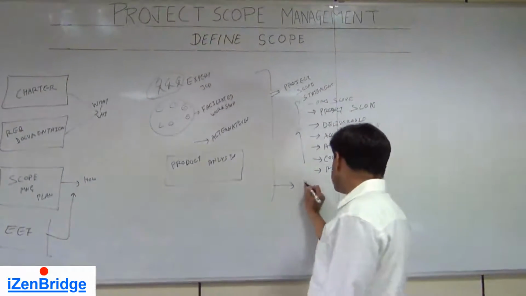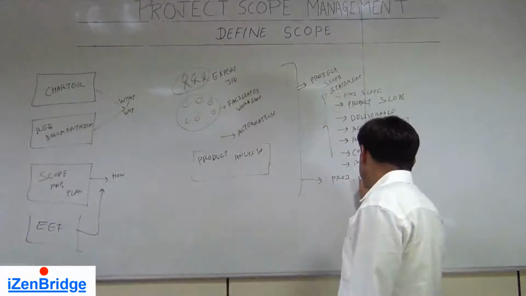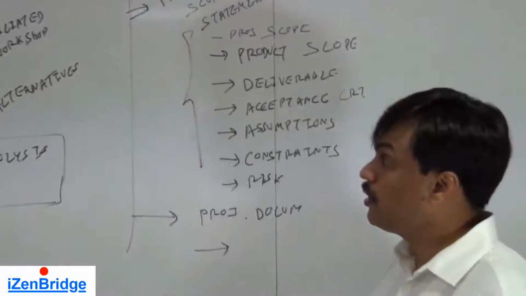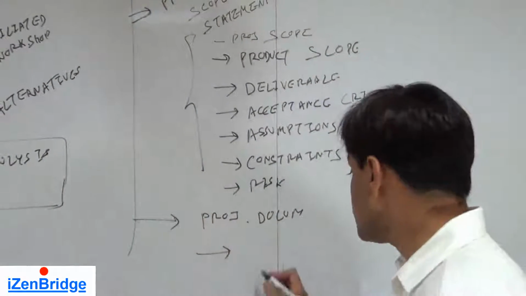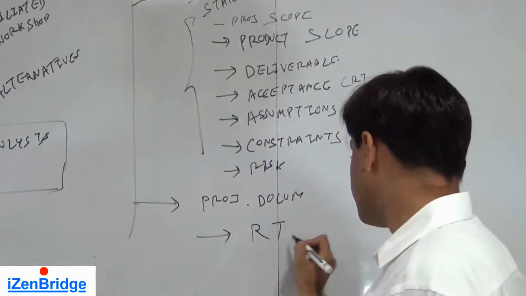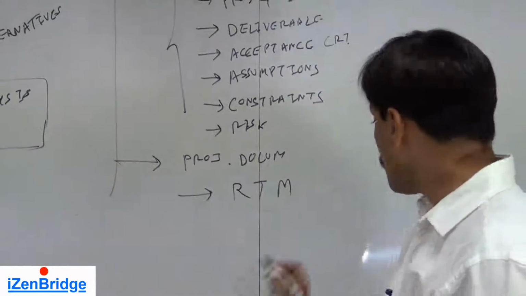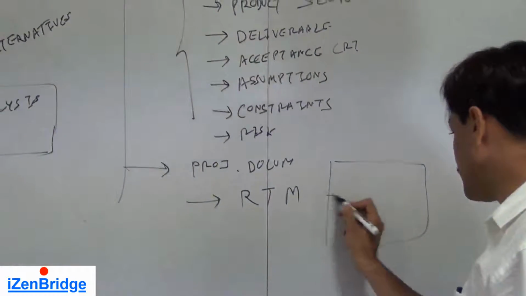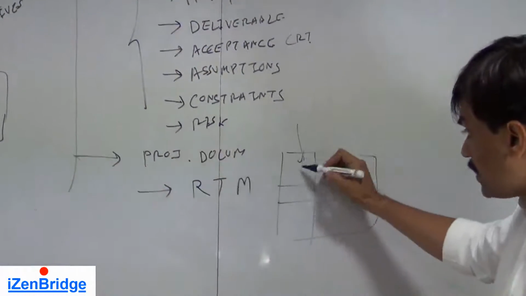Among project documents, I want to mention one specific document which is definitely going to be updated with the define scope process: the requirement traceability matrix. We spoke about the requirement traceability matrix, where the requirement was mentioned.